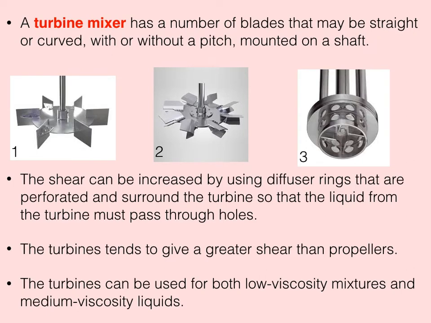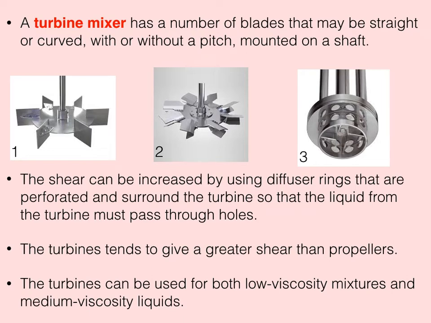Another example of a mechanical mixer is the turbine mixer. A turbine mixer has a number of blades that may be straight, as shown in the first diagram, or curved, as shown in the second diagram, with or without a pitch, mounted on a shaft.